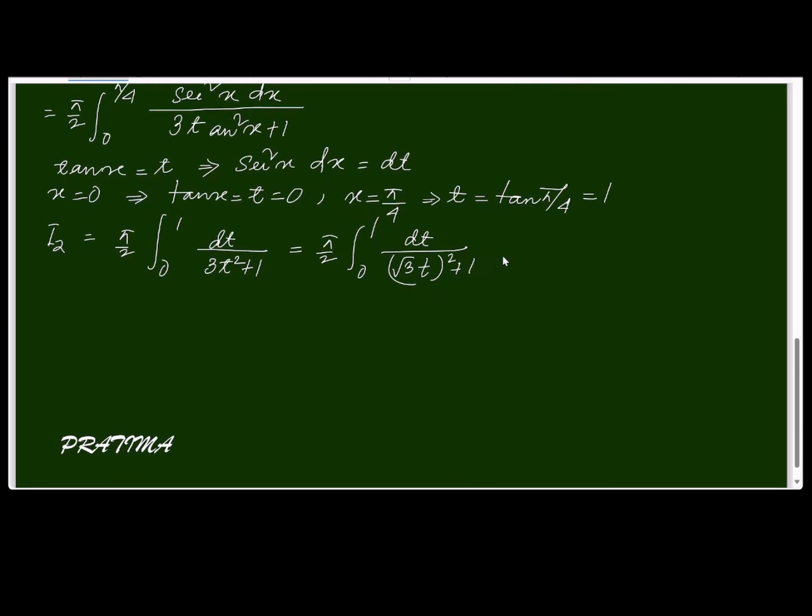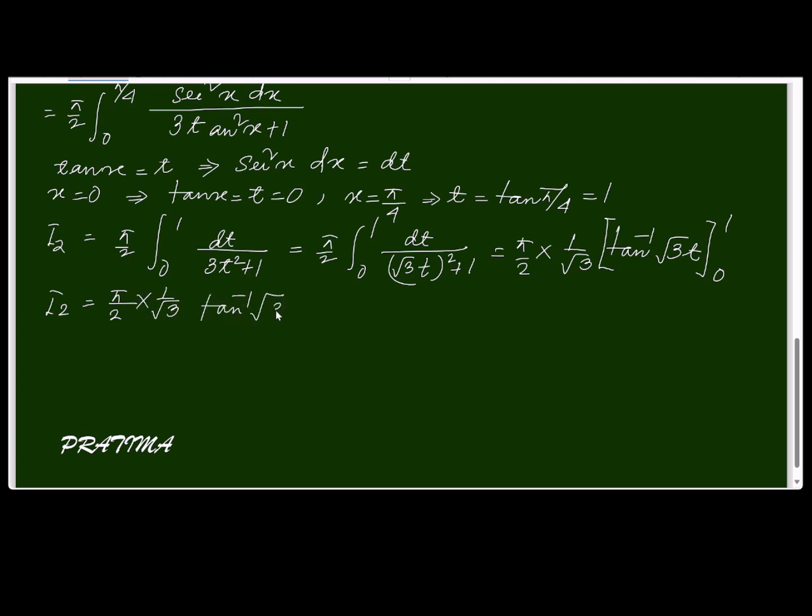The integration equals pi by 2 into, by the direct formula, 1 by root 3, this is tan inverse root 3t from 0 to 1. So I2 will be pi by 2 into 1 by root 3 into tan inverse root 3.